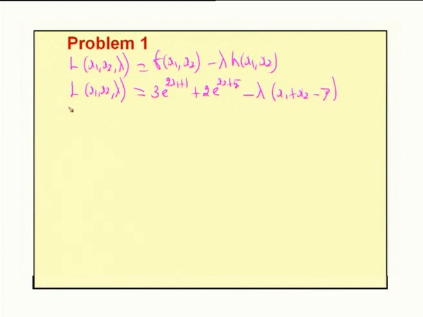So, we construct the Lagrangian function as 3 e^(2x1+1) plus 2 e^(x2+5) minus λ into (x1 plus x2 minus 7).